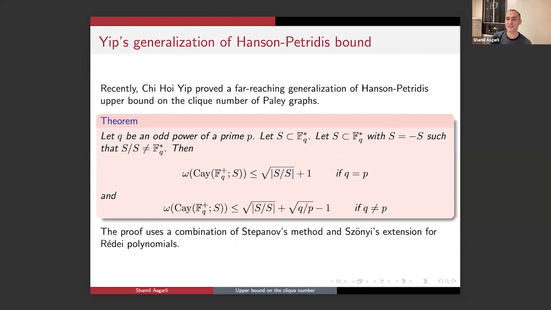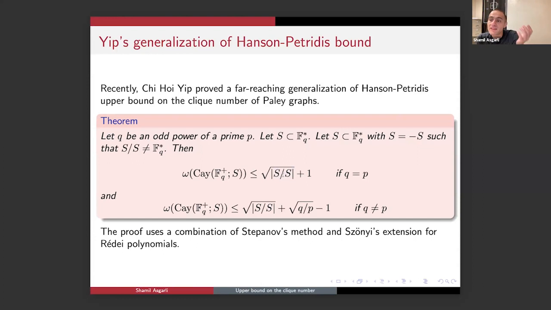I'm not sure if one can do some computer experiments, but this is already interesting from that point of view. In the case of Paley graphs, S divided by S is p over 2, (p minus 1) over 2, something like that, (q minus 1) over 2.